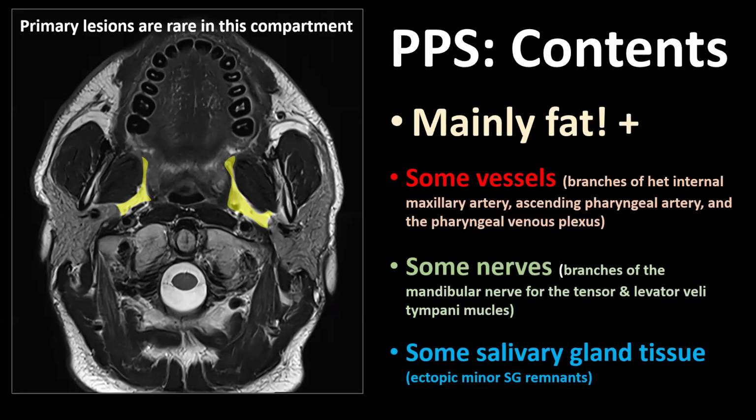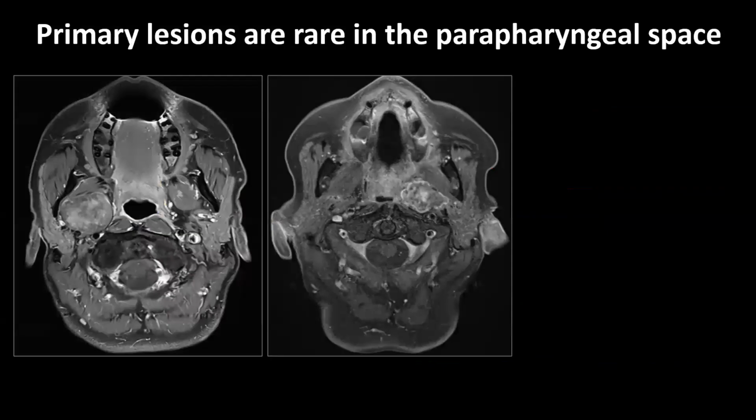Okay, because it contains mainly fat and very little other structures, primary lesions at the parapharyngeal space are rare. I'm showing you two examples, but I had to look deep and hard in our database to find them. These are two patients who had a lesion that primarily developed in the parapharyngeal space.